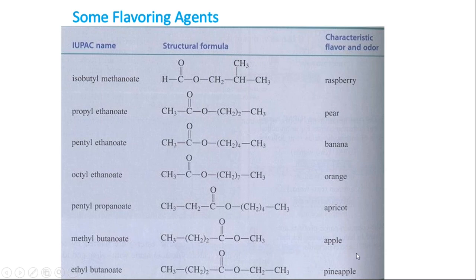However, when we look at the regulations on food additives, later on when we have the webinars on the rules and regulations, if any flavoring agent is added other than a natural flavor, it has to be declared on the label that it contains artificial flavor.